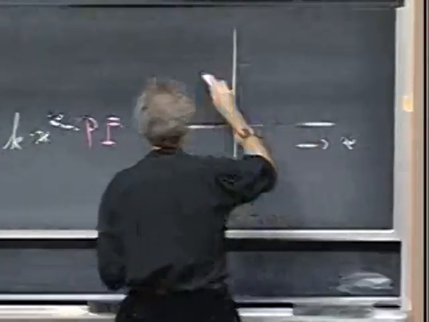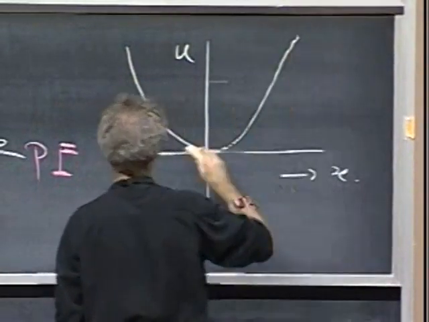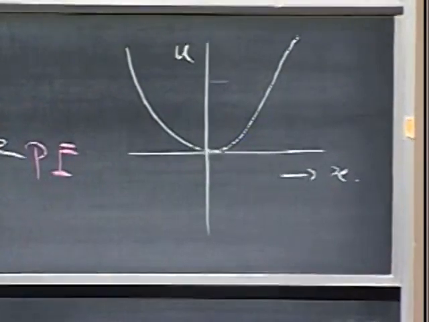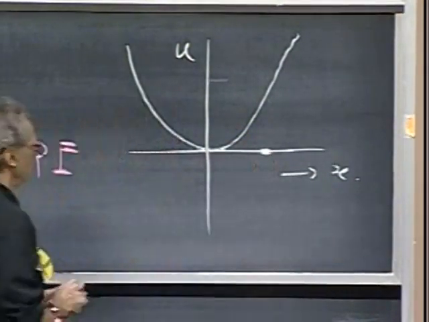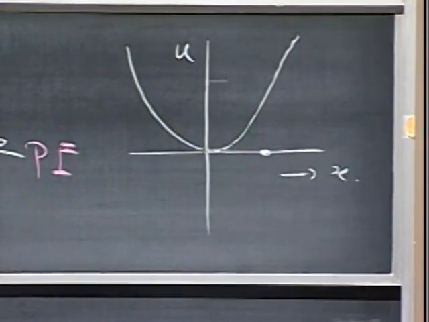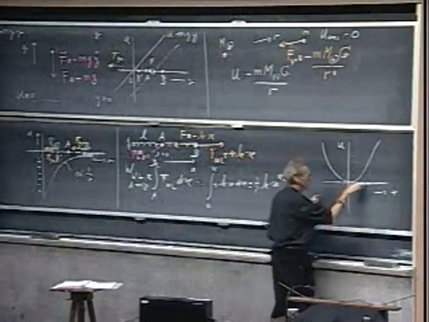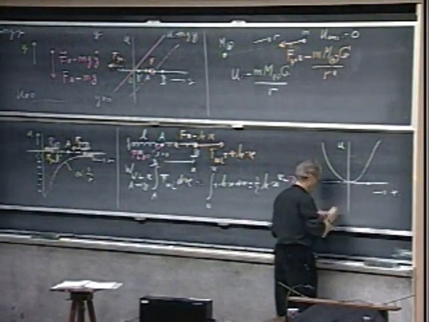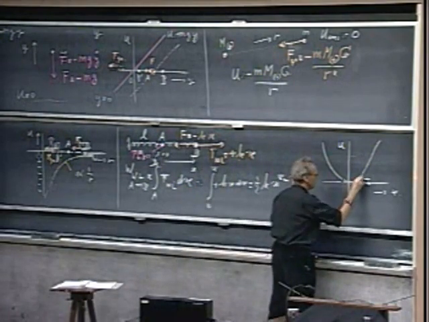So if you now make a plot of the potential energy as a function of x, you get a parabola. And if the object is here, then the force is always in the direction opposing increasing potential energy. If you go this way, potential energy increases, so it's clear that the force is going to be in this direction.